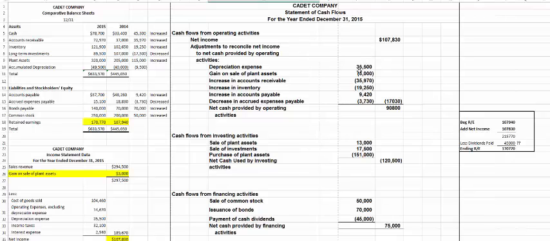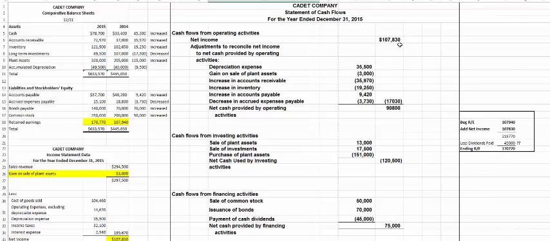Net these together, just what has occurred during the period. Plussing and minusing ends up with $17,030 negative or uses of cash. We're going to take that and net it against net income.